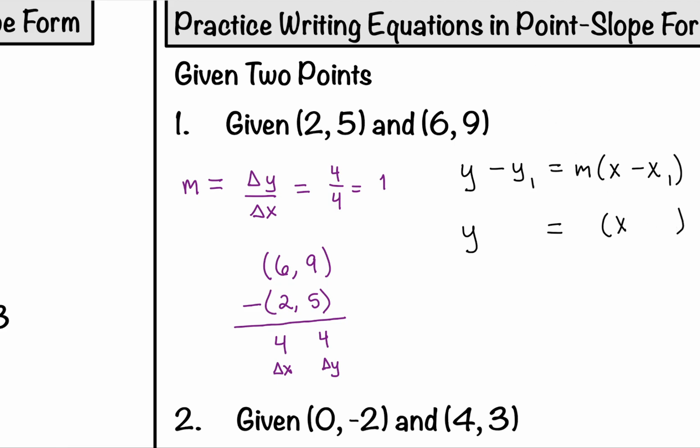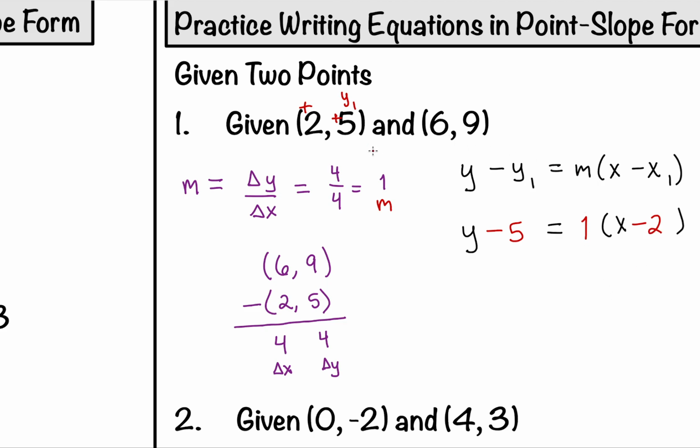Okay, so as I get to each part, I get to the y1. y1 is plus 5, so we're going to make it minus 5. My m, we figured out, was 1. So there's my m. And then my x1 is plus 2, so we're going to make it minus 2.